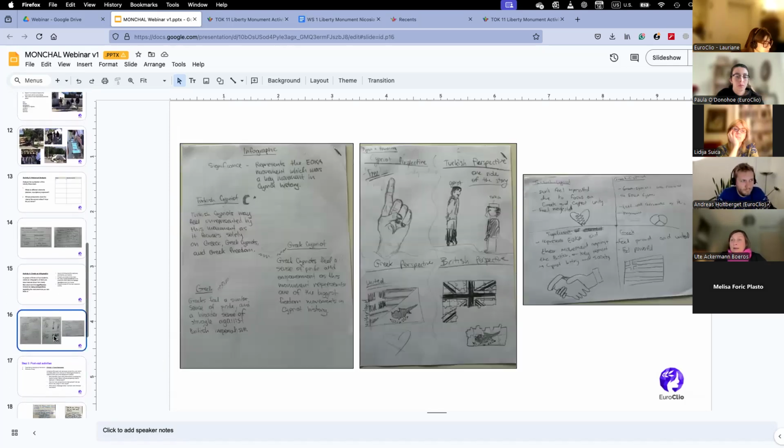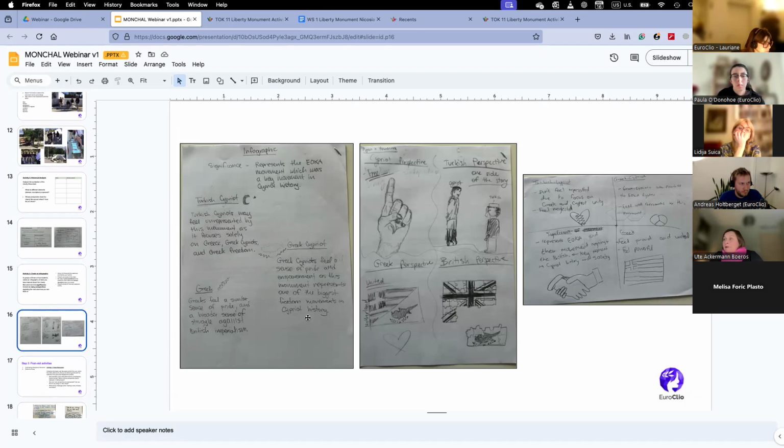So what they came up with is things like that. These are 3 groups out of about 5 groups. You can see this one here says that the Turkish Cypriots may not feel represented, or they are unrepresented by this monument.